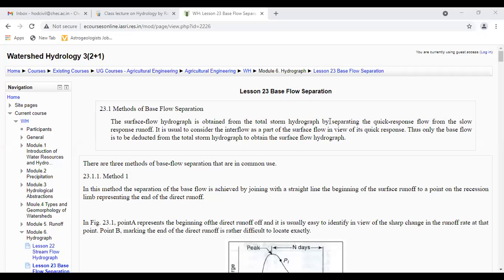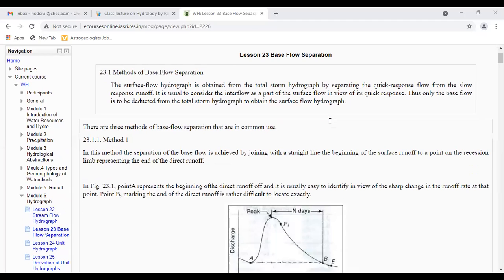Guys, here are the methods of base flow separation. The surface flow hydrograph is obtained from the total storm hydrograph by separating the quick response flow from the slow response runoff.